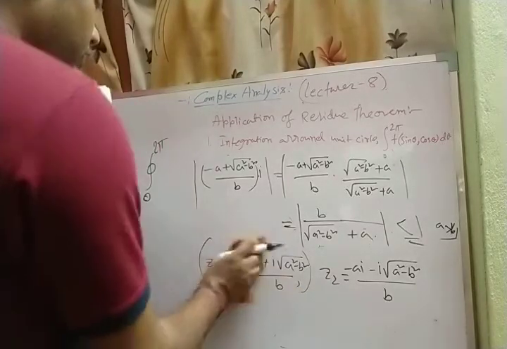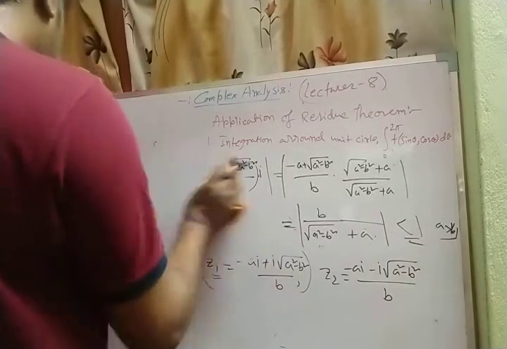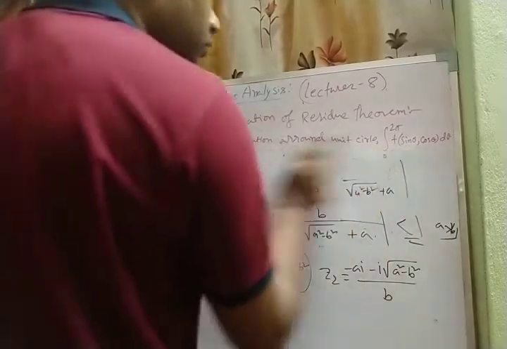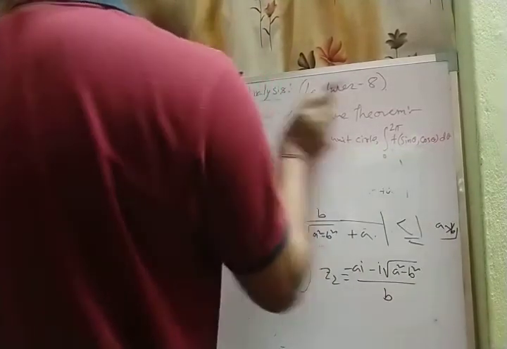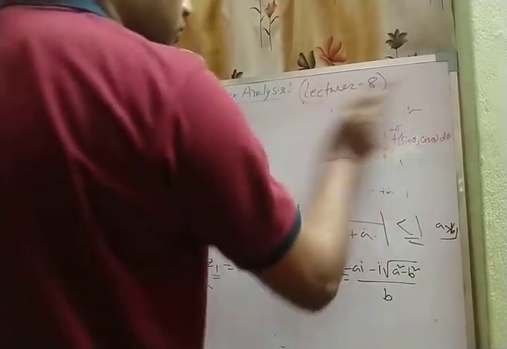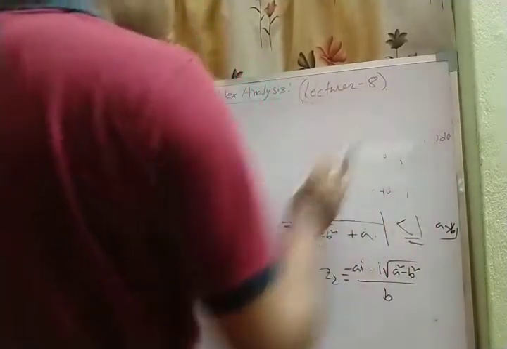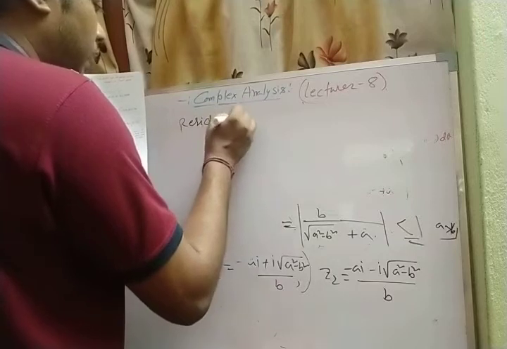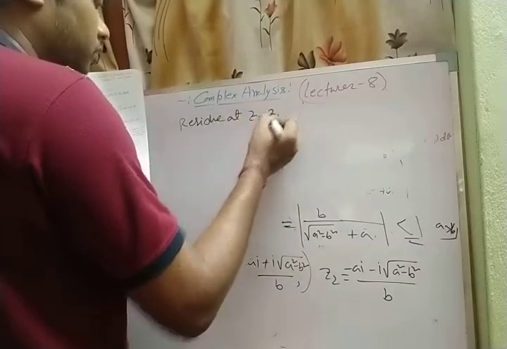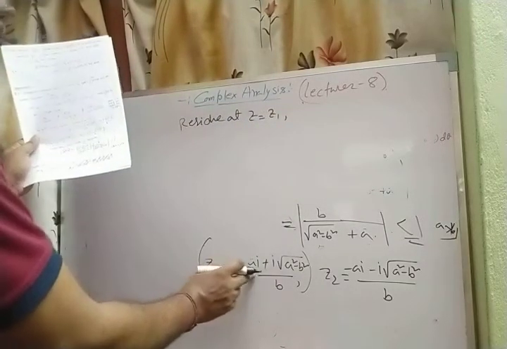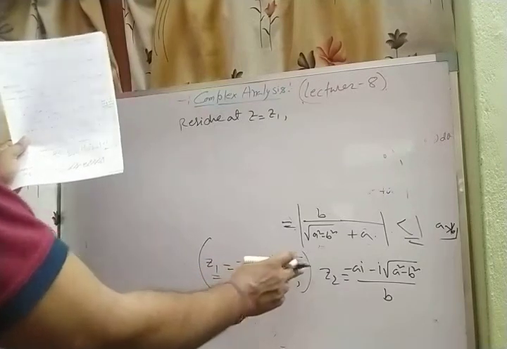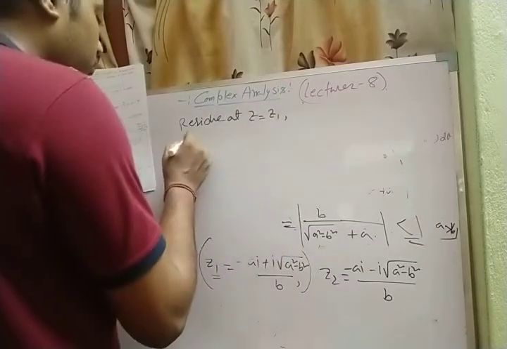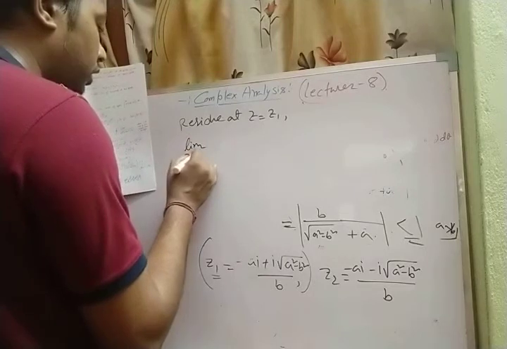Okay, so the residue at z equals z1, for this point minus ai plus i root over of a square minus b square by b. So limit z tends to z1.